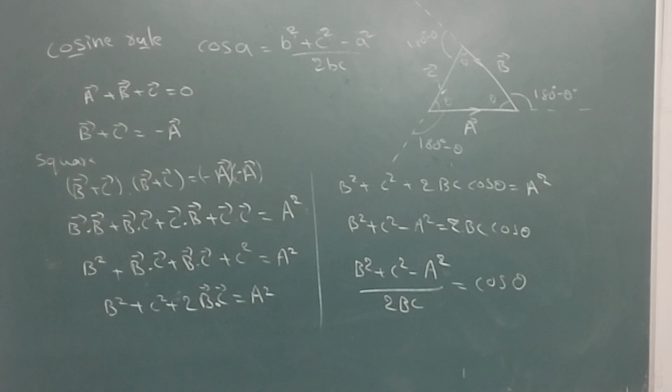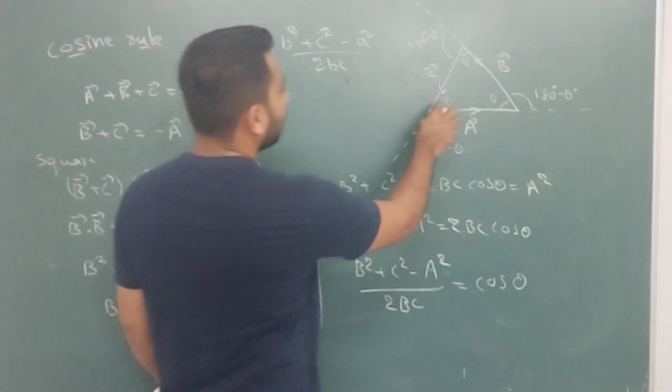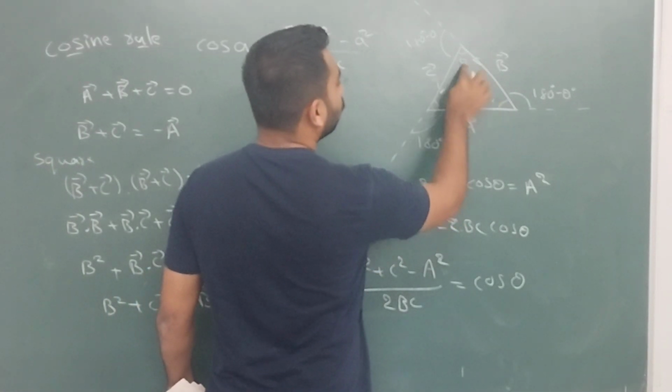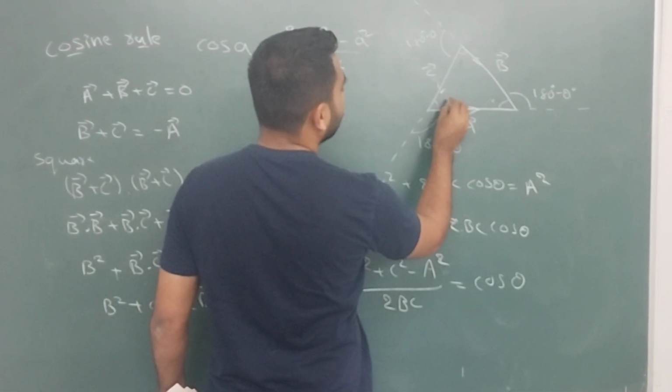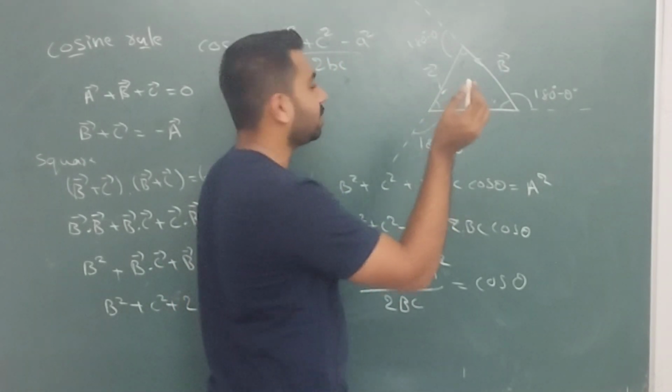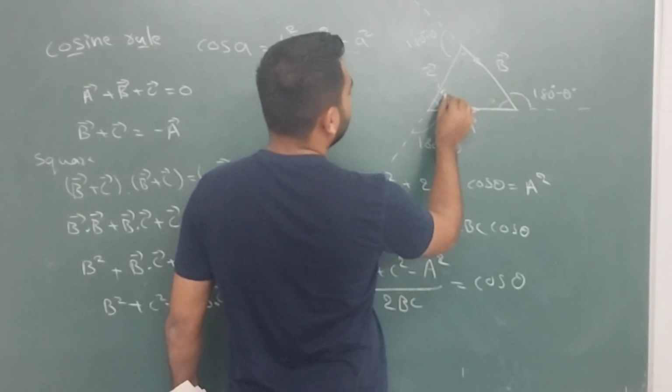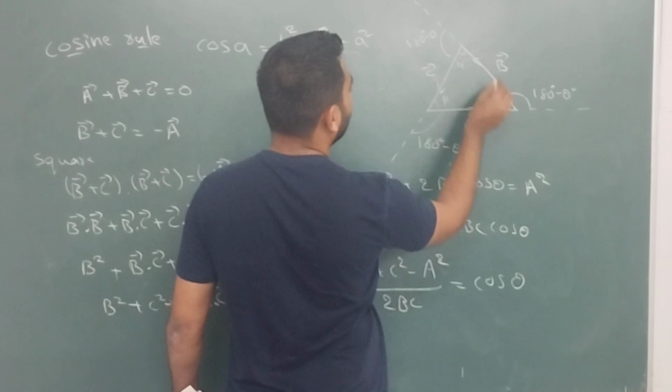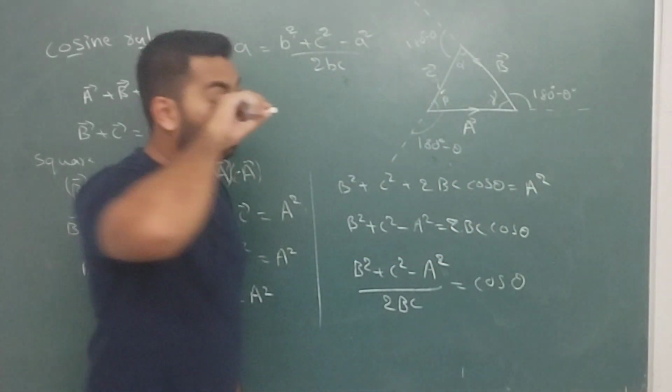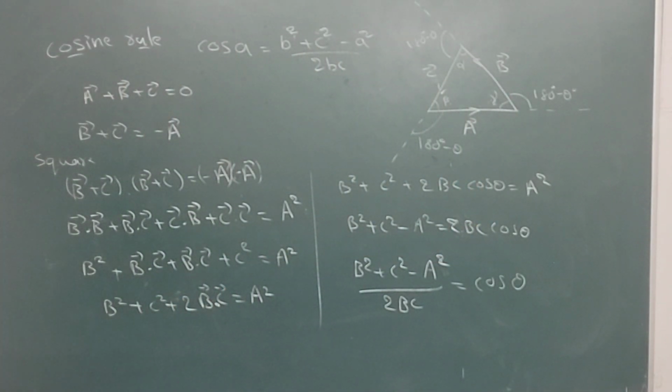Okay? Now see, if you are taking angles, let us change the angles for more clarity. Let us take here beta, alpha, gamma. Whatever angle you take, it's up to you, but you get the perfect answer.